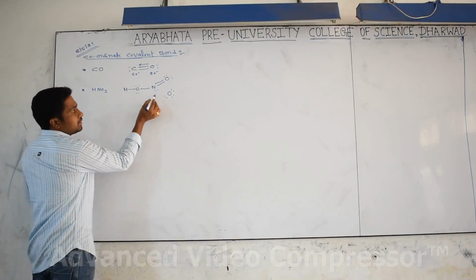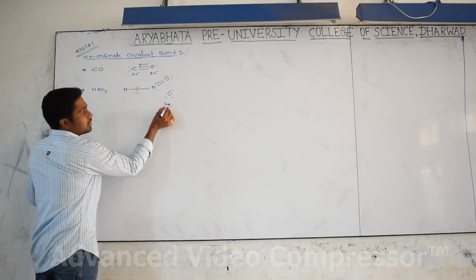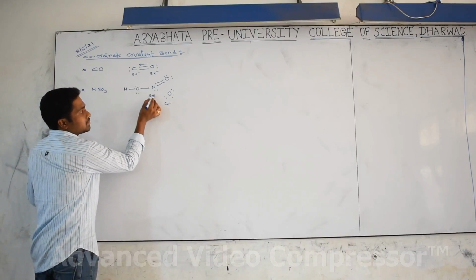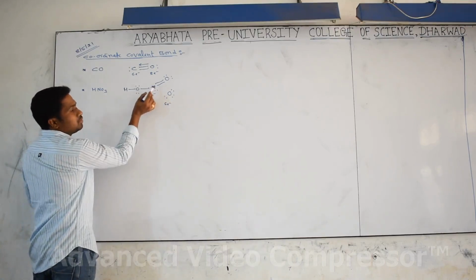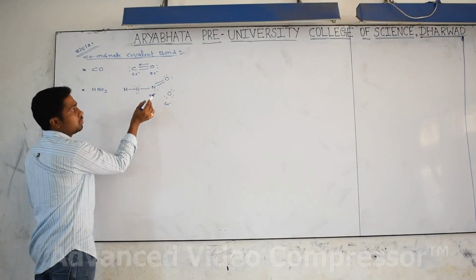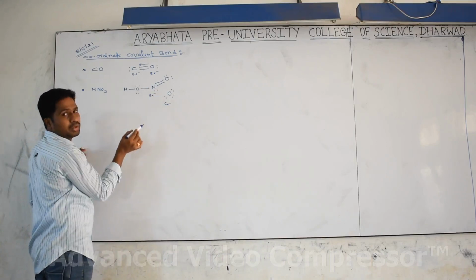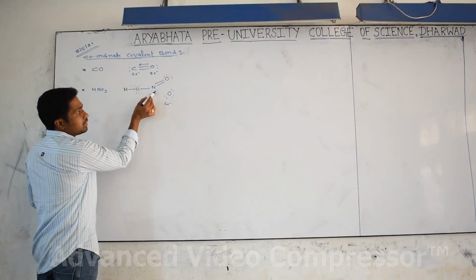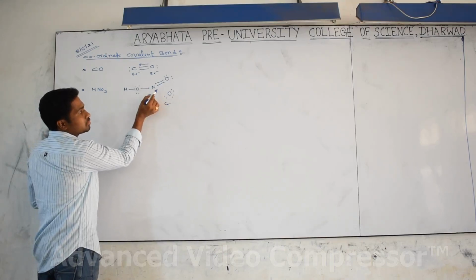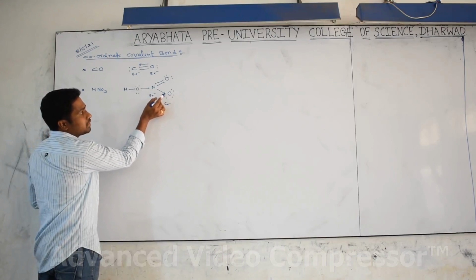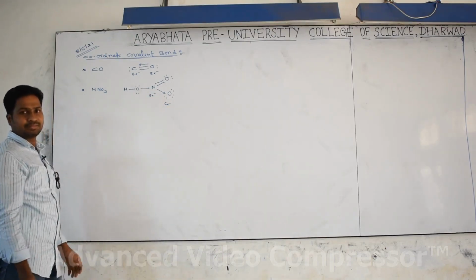Now check this one. It appears to have 6 electrons, but it already has 8 electrons. Why? 3 twos are 6 electrons of bonds, and this is the lone pair. Already having stability and a lone pair, this nitrogen contributes a pair of electrons to oxygen for sharing. That's why it is denoted by an arrow mark.